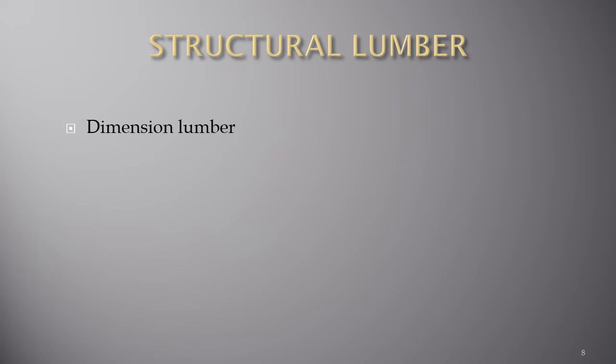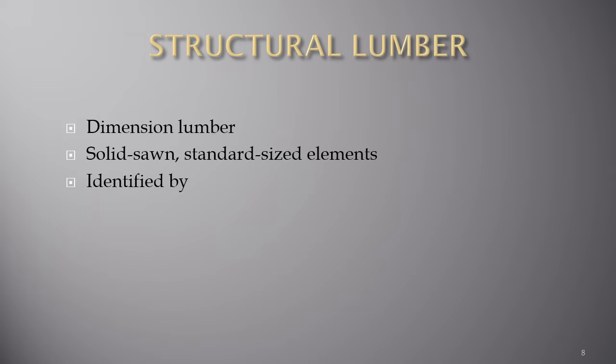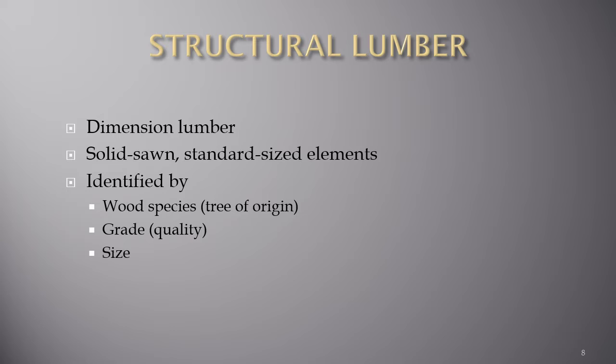When we're dealing with dimension lumber, we're talking about solid sawn standard sized elements. They are identified by the wood species, meaning the tree of origin, the grade, the quality of the wood, the size, the classification of the usage, and the authority that has provided this grading.